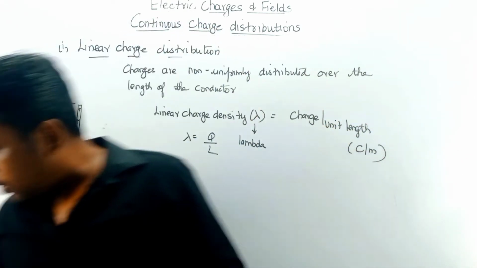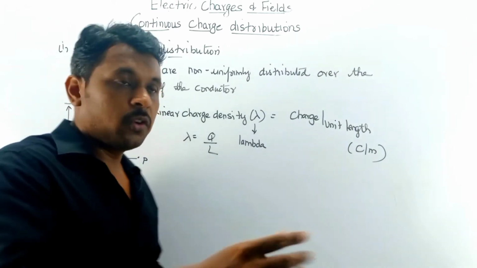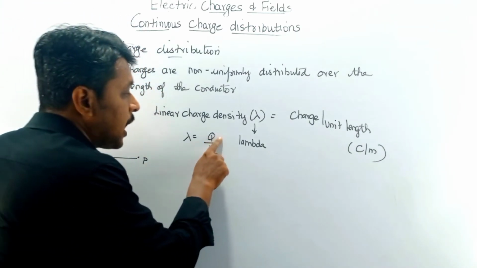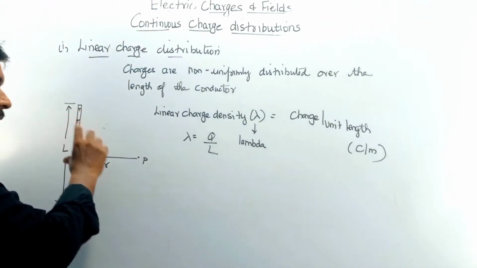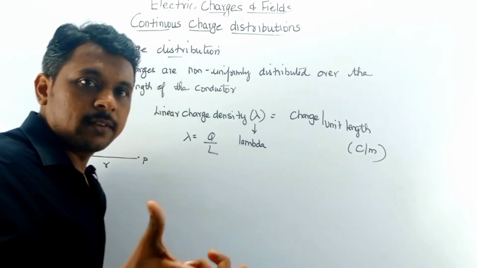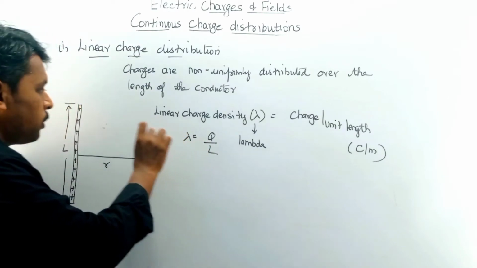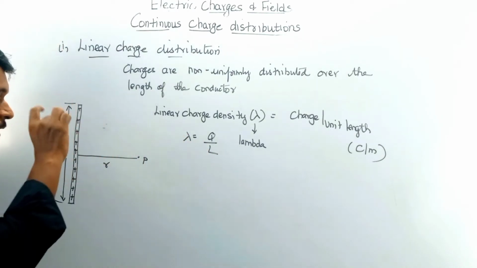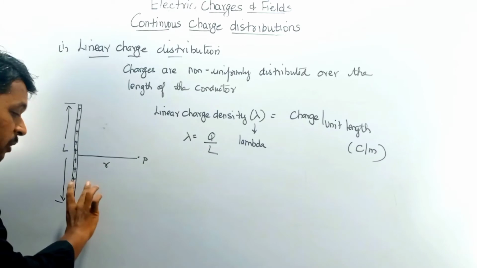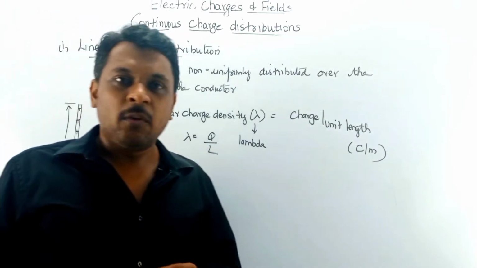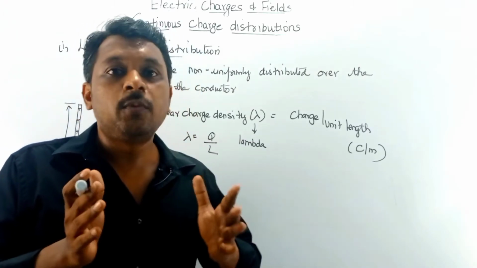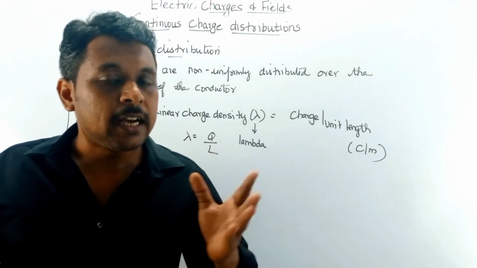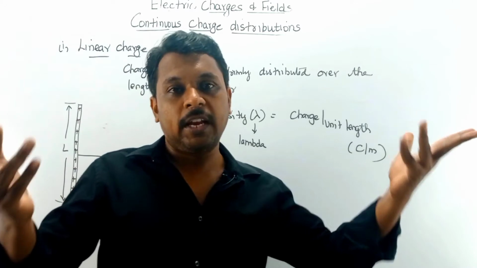In such cases, how to find the value of charge? The value of charge is found by charge per unit length. For example, in this case, let us consider the unit length as 1 meter. So the value of charge could be found by asking, for 1 meter, what is the value of charge? Once we know it for 1 meter, it is very easy to find the value of charge for the total length of the conductor.